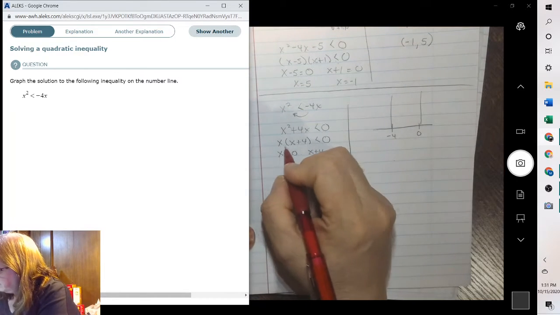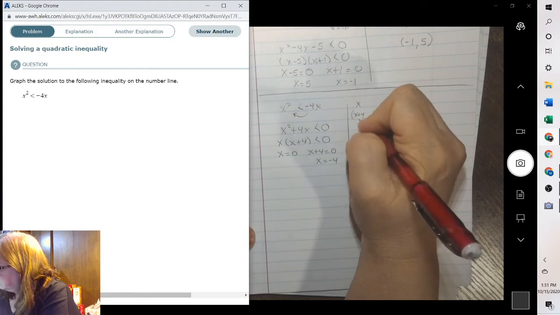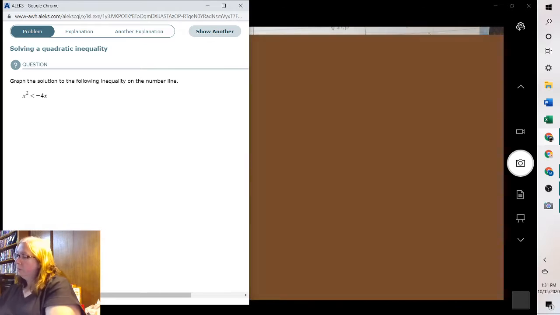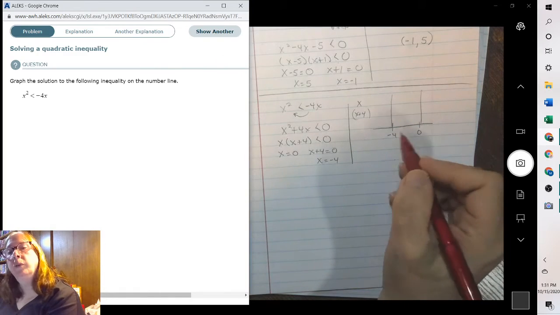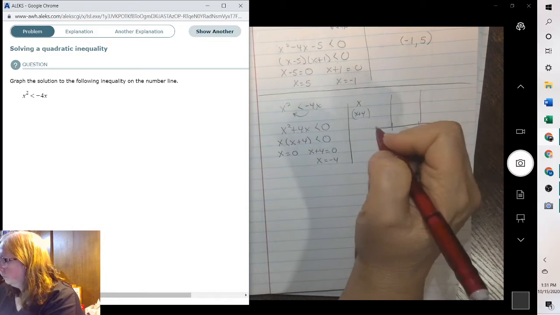My factors were x and x plus 4. You want these to be in numerical order. This is a number line.